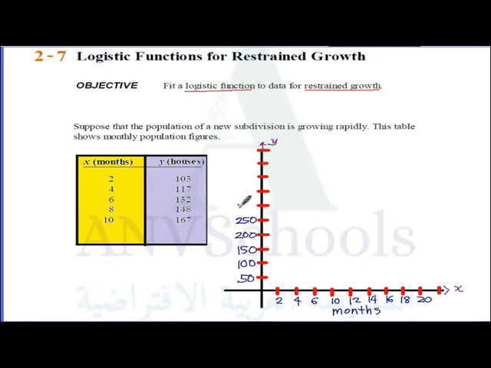If our x is 2, then our y is 103. It's somewhere here, right? When our x is 4, the number of houses built is 117. After another 2 months, our x is 6 and our y becomes 132. And after another 2 months, it became 148.